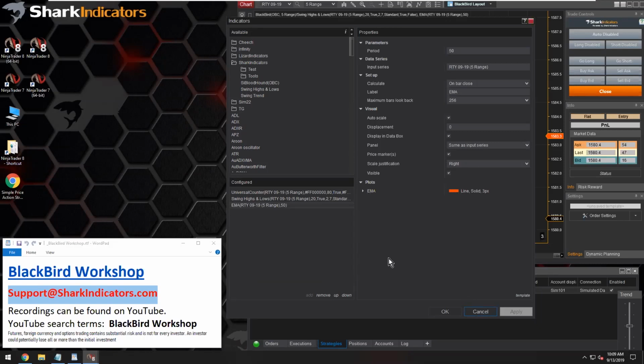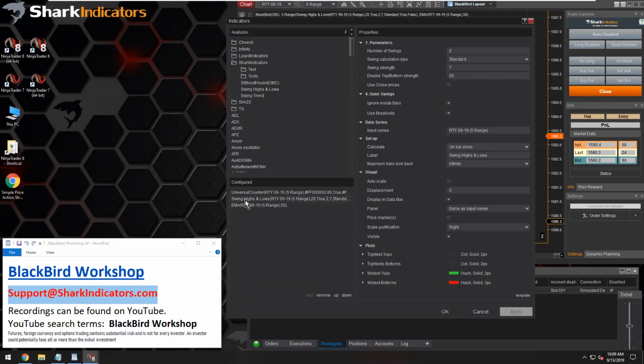So we're going to use the swings highs lows indicator, and of course the EMA indicator in BlackBird to do this here. The first thing you want to do, like with any swings indicator, is make sure you get your adjustments, figure out what swing strength and what number of swings you want to use.